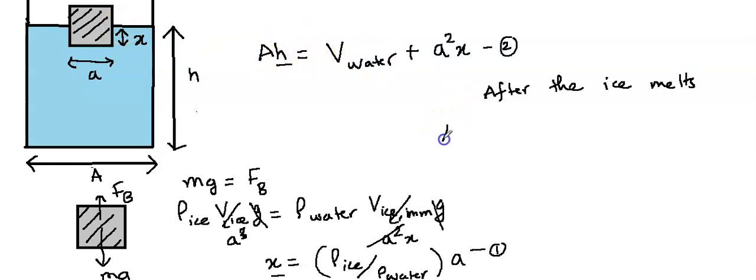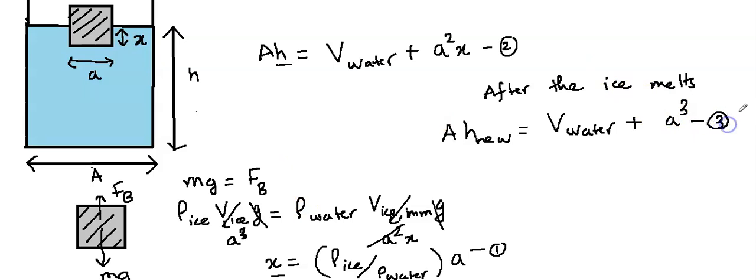So we know that the new height of water, h nu, let's call that, is V water, which is the volume of the water that was already there, that's not going to change, and now whatever was ice has become water, so that's going to increase by a cube, right? So this is equation number 3.